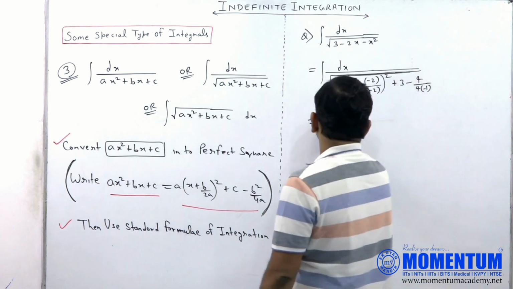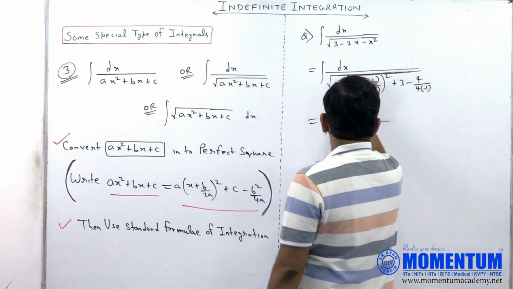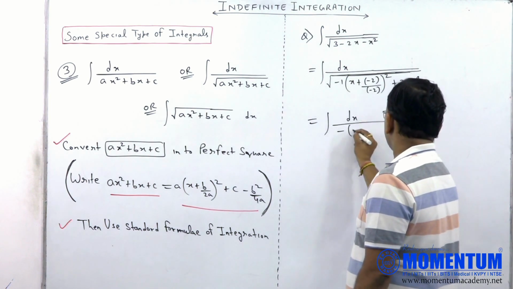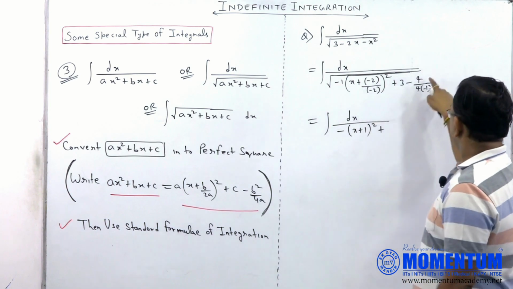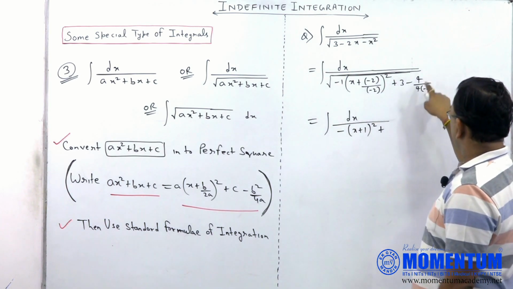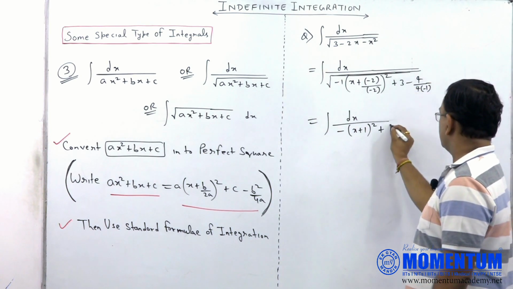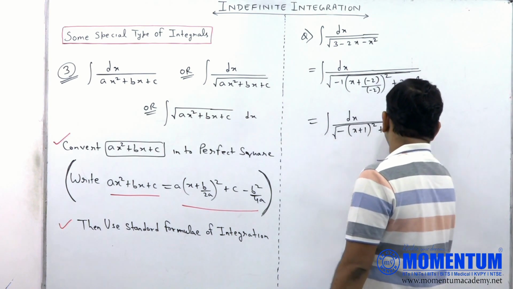So now it is 1 upon minus times x plus 1 whole square, and this is 4 upon 4 minus 1, 4 by 4, 1, और ये माइनस के माइनस 1, 3 plus 1, 4. ये पूरा हमारा स्क्वायर रूट के अंदर है.